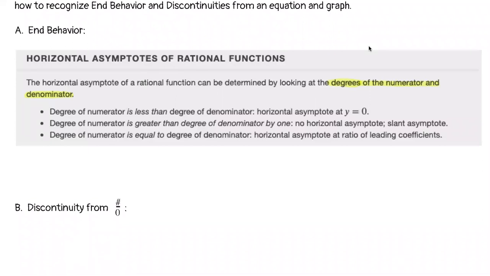If we compare the degrees of the top and the bottom, and the degree of the top is smaller than the degree of the bottom, then you're going to end up with a horizontal asymptote at y equals 0. That's going to happen every single time the degree of the numerator is less than the degree of the denominator.